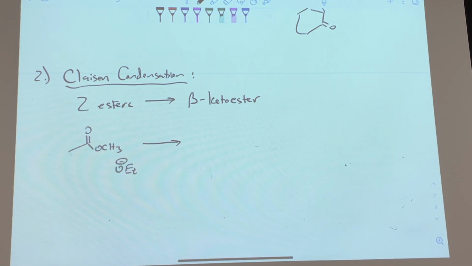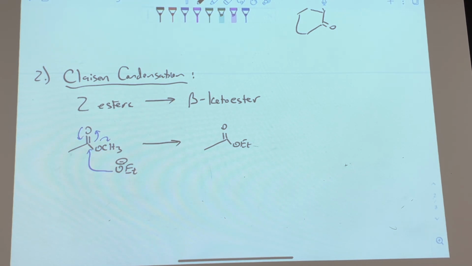Yes, it could deprotonate and would deprotonate, but it could also attack the carbonyl, come up and do a substitution reaction. Electrons go up on the carbonyl, they would come back down, kick out the methoxide, and you would end up making the ethyl ester.